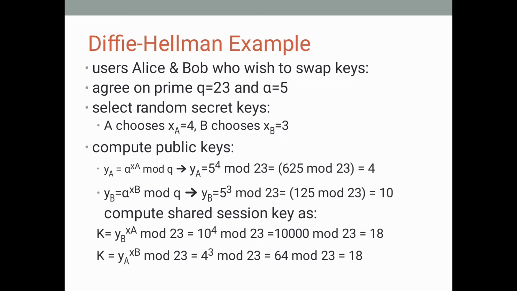So YB is equal to 5 power 3 mod 23, and we can expand like this: 125 mod 23, which is equal to 10. So now the public key of A is 4 and the public key of B is 10.